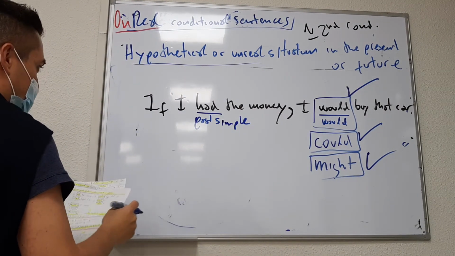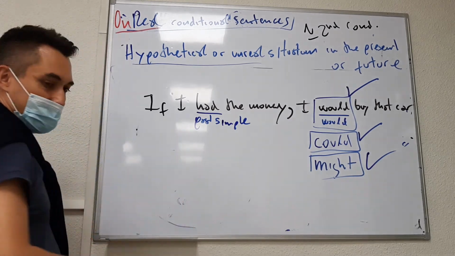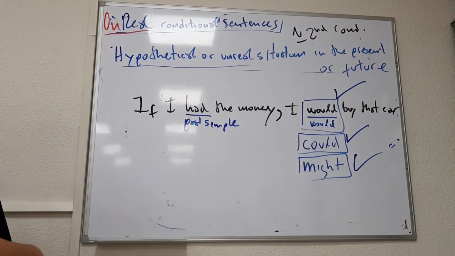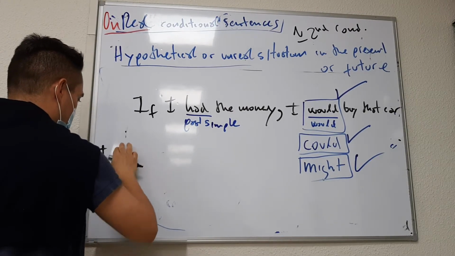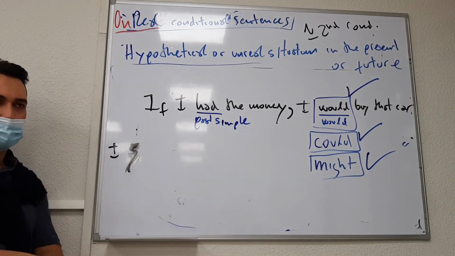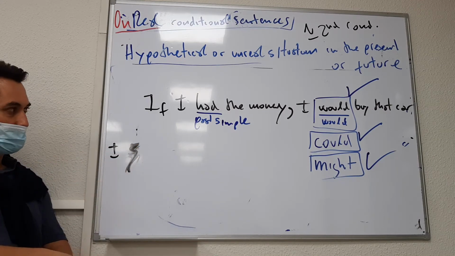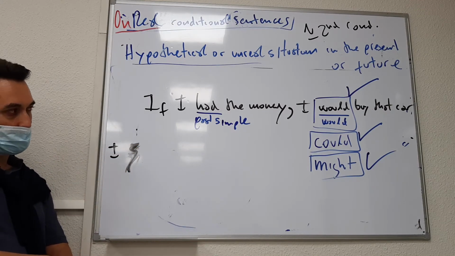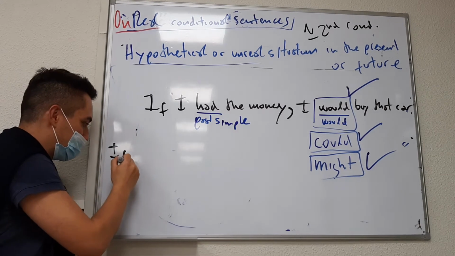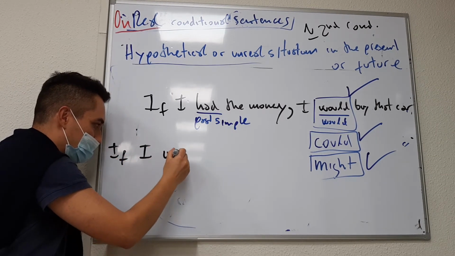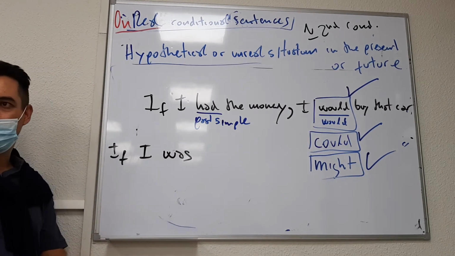We can also use, for example, the past continuous. How can you make it work with past continuous? A very similar sentence to this. If I had the money, I would buy that car. Give it to me with past continuous. Of course, you need to change the verb.